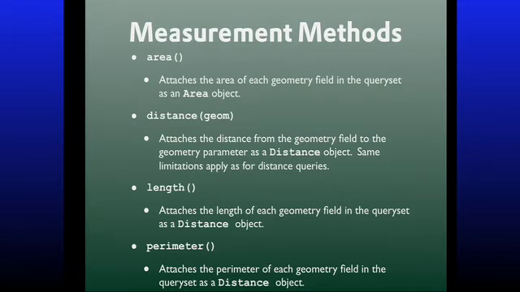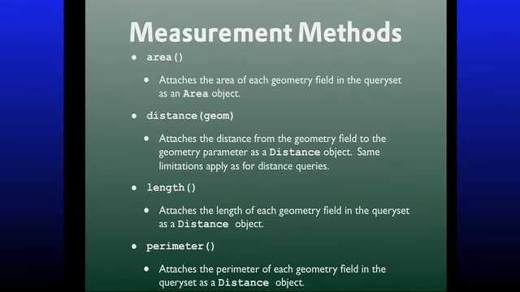Measurement methods. We have area, distance, length, perimeter. All of these will attach an object; for example, area will attach an area object. If it's in a projected coordinate system, then you'll be able to get the square units of area for that.